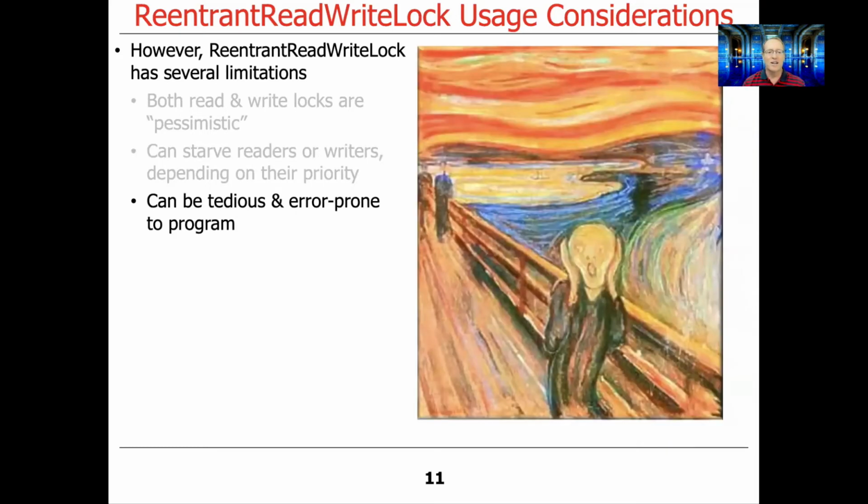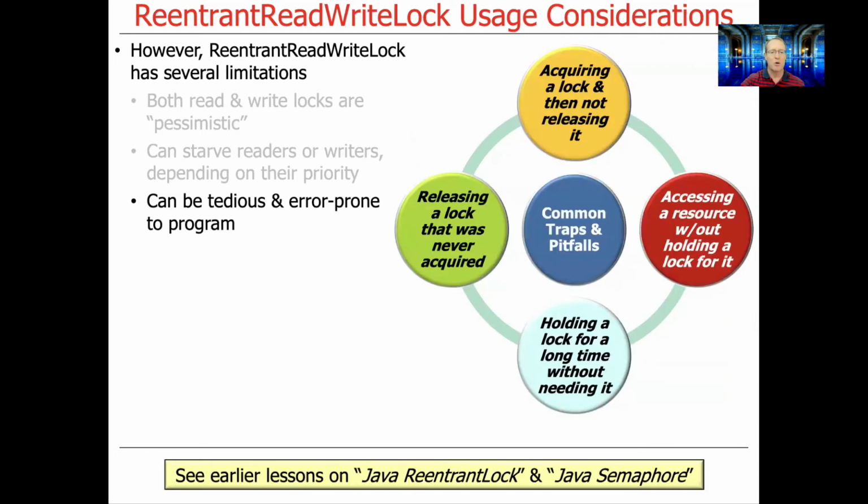Another issue here is that readers-writer locks, and especially ReentrantReadWriteLocks, can be tedious and error prone to program. And it has all the same traps and pitfalls that we've seen with the earlier variants of things like reentrant lock. So you can acquire a lock and forget to release it. You can access a resource without holding the lock at all.